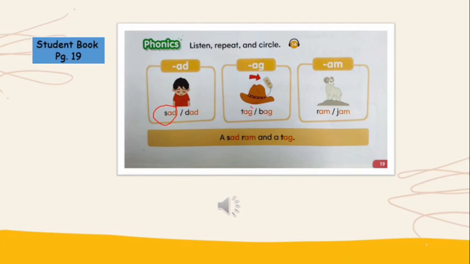It should be tack. Yes. Can you say tack? And then here, you heard r and am. Which one? Ram or jam? It should be ram. Okay, can you say ram? Now repeat after me: a sad ram and a tack.